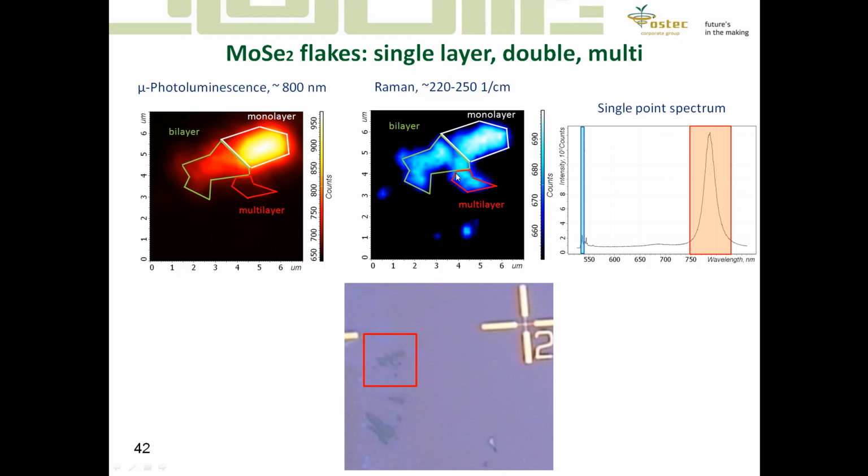You can see that the Raman signal here shows the presence of material. The flakes are present, but by photoluminescence we can identify the number of layers, because by Raman it's not straightforward to understand how many layers are in these selected regions.